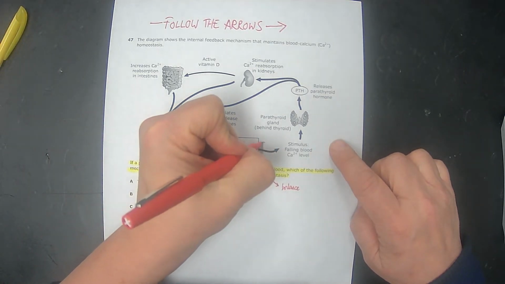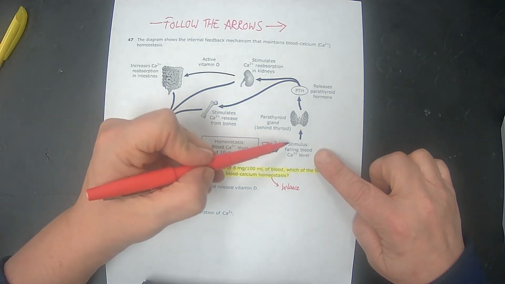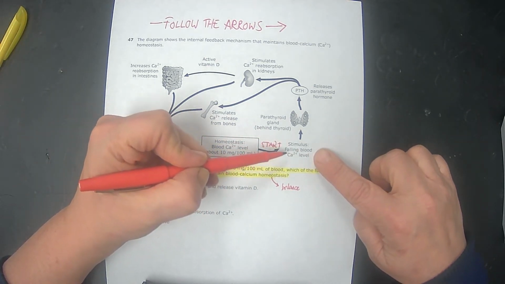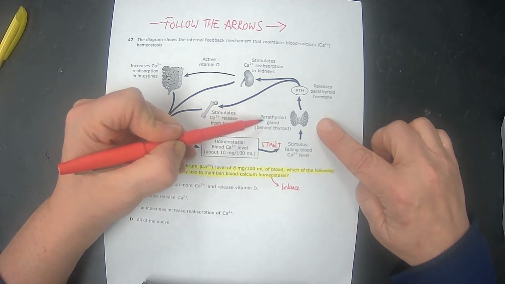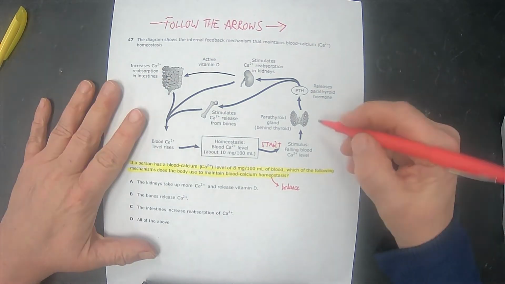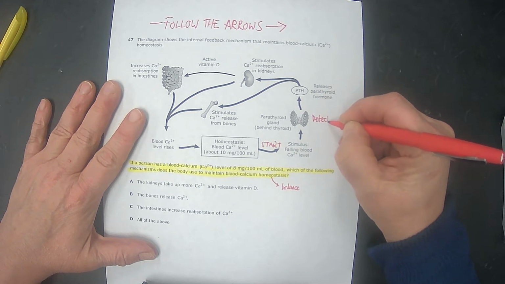So I know this is where I'm going to start. If the stimulus is falling blood calcium levels, where is that detected? Follow the arrow. I get to the parathyroid gland. This is where it is detected.